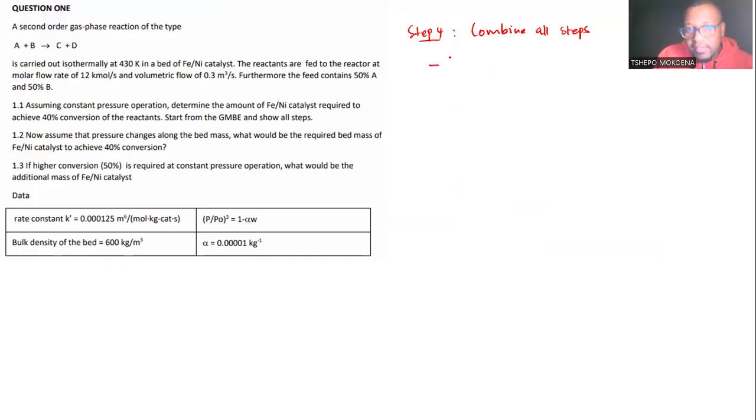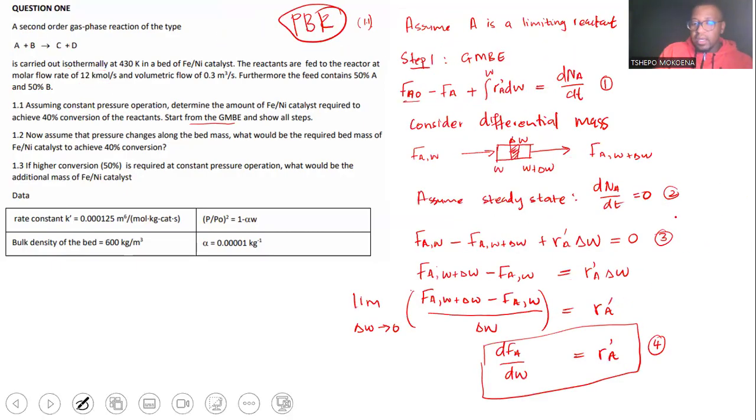So we have negative F sub AO dX sub A divided by dW; we write it as it is because we did nothing on it. And then on this side of the equation, we said that on our design equation, this is the rate of reaction.